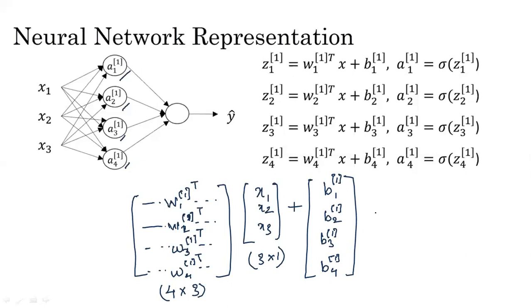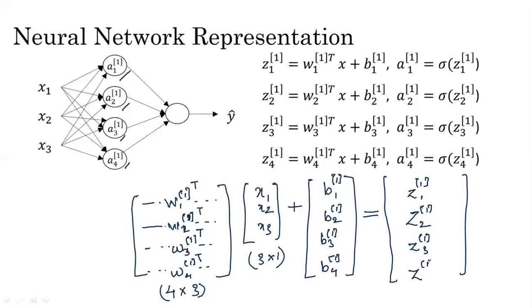Ultimately these dot products and addition would give us the value of equation Z, that is Z11, Z12, Z13 and Z14.